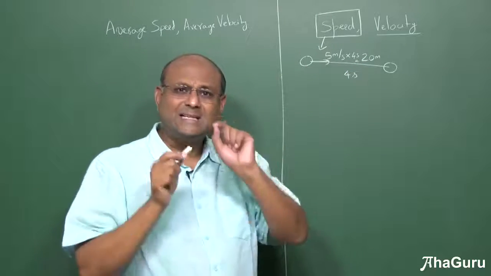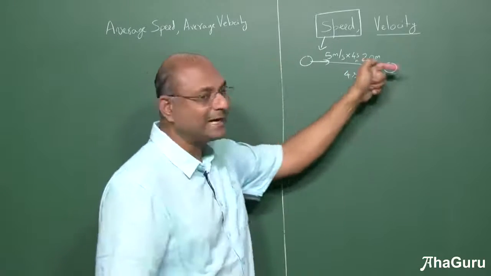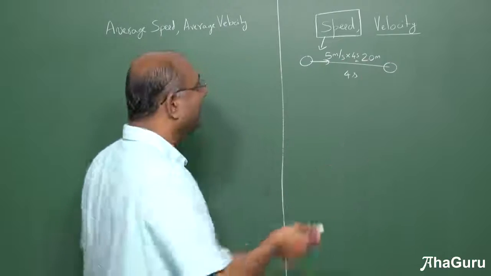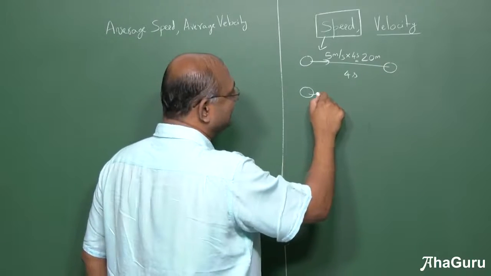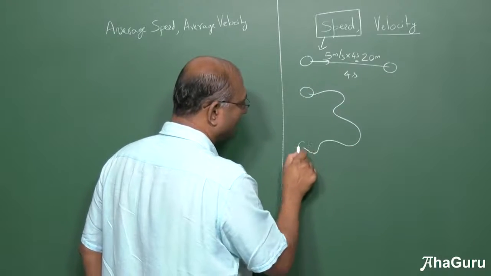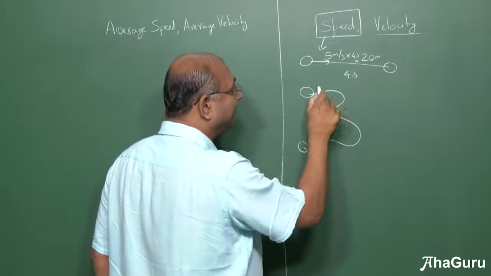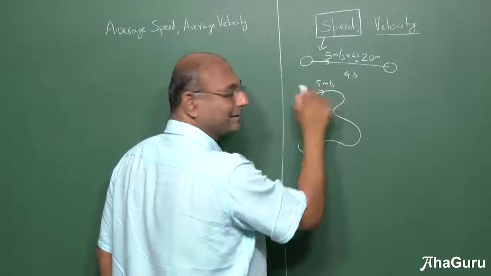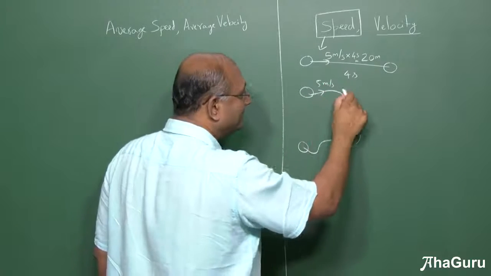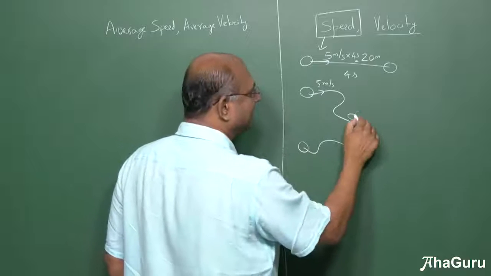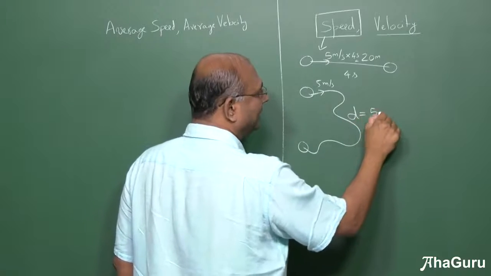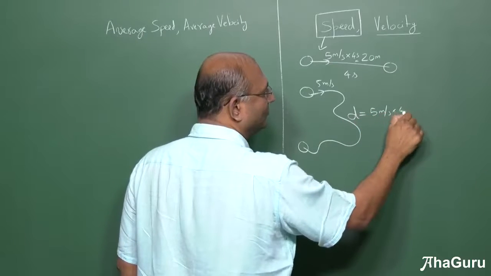Now, is it necessary that you have to go 5 meters per second in a straight line? No, right? I could have instead gone like this. But I could have always maintained 5 meters per second. Then this distance d will be equal to 5 meters per second into 4 seconds.